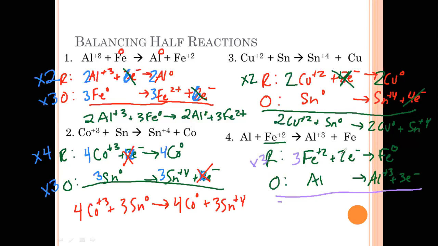So 3, 6, 3. Bottom one by a 2, 2, 2, 6. And then we can cancel out the 6. And then I'm done with 3Fe2+ plus 2Al yields 3Fe0 plus 2Al3+.